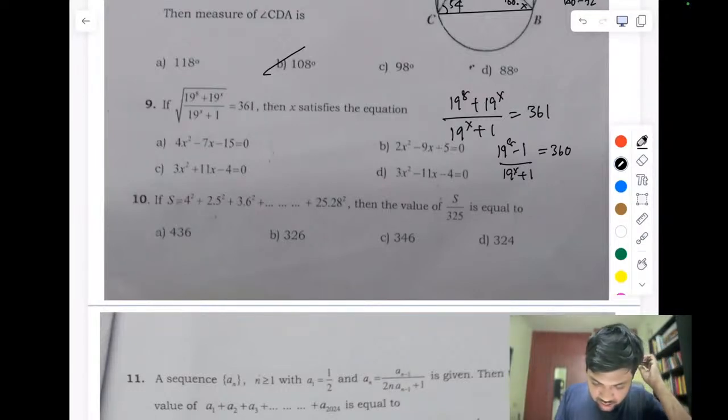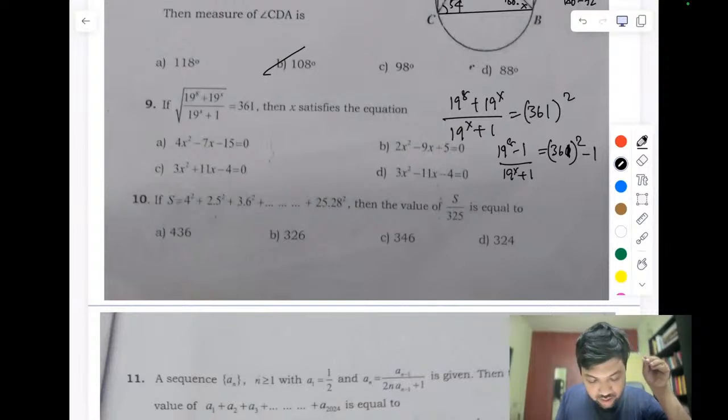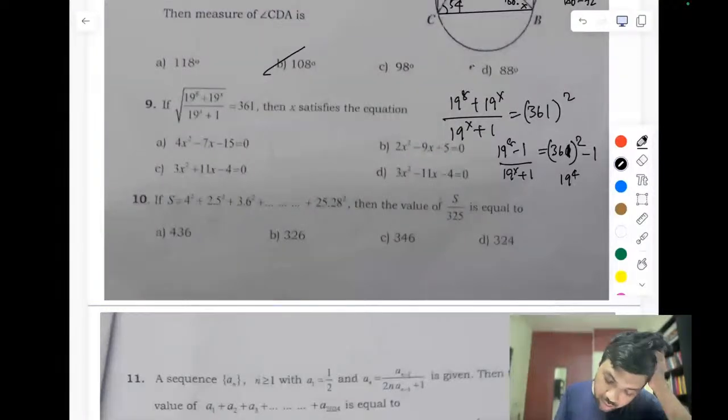Sorry, 361 square minus 1. 361 is 19 square, so it's 19 power 4 minus 1. 19 power 4 minus 1 cuts 19 power 8 minus 1 as 19 power 4 plus 1. So 19 power x plus 1 equals 19 power 4 plus 1.